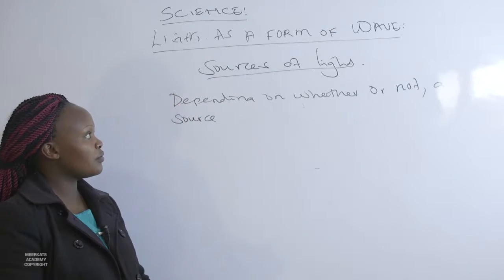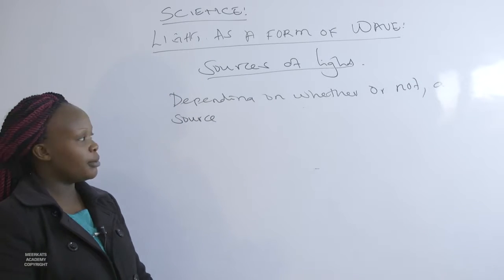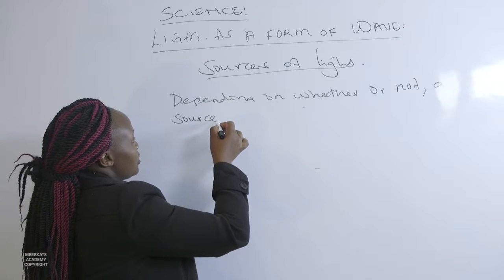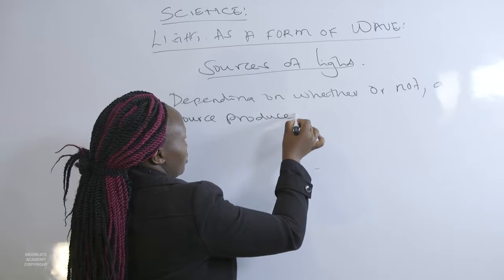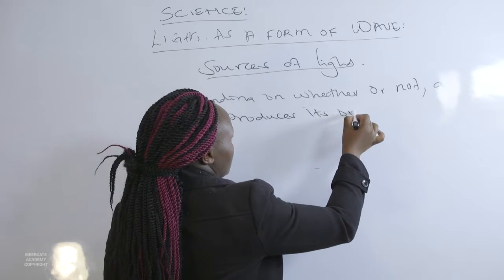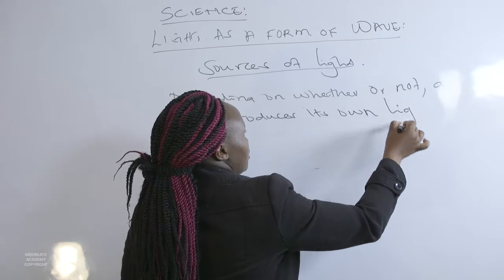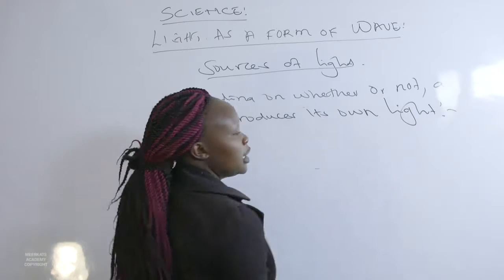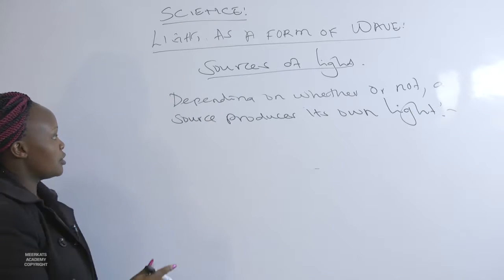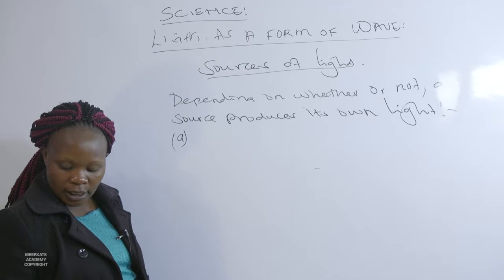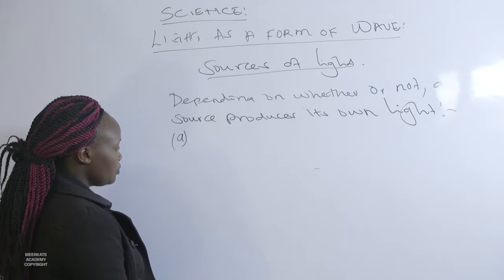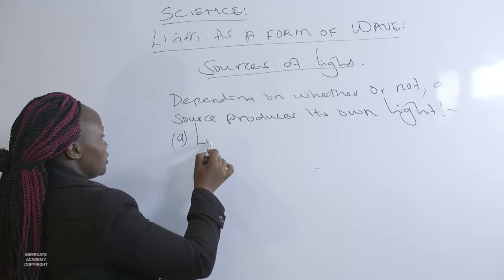We are on sources of light, and we are saying, depending on whether or not a source produces its own light, we can have the following classes.